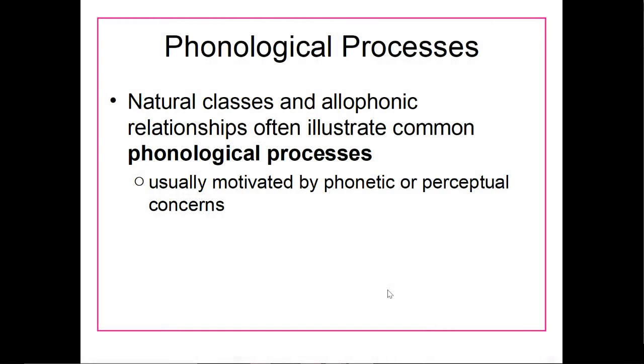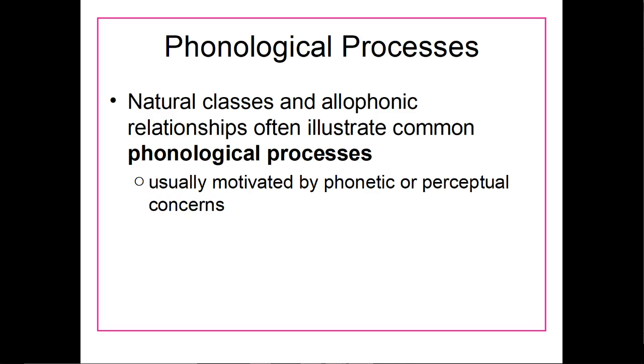Okay. These changes that happen basically illustrate phonological processes. These phonological processes, or these changes in allophones, are usually motivated by some kind of phonetic concern or perceptual concern. Things like aspirated Ps, one vowel changing to another, or the nasal vowels are motivated primarily by making a word smoother or easier to say, or making it easier for someone to understand what we're saying.